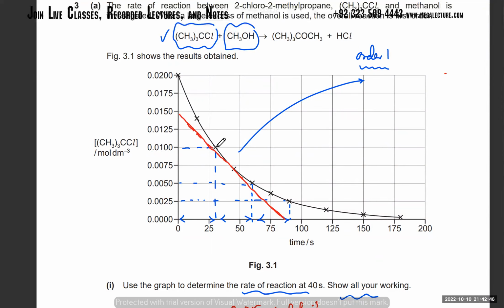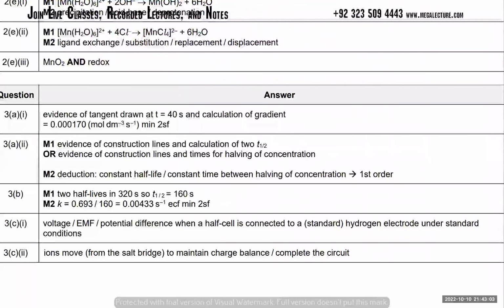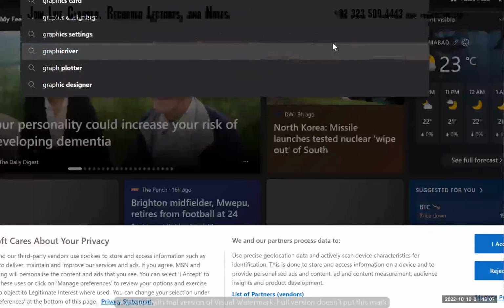This point will be double the previous one, so it's going to be somewhere over here. Every half-life is going to be double the previous half-life. It's going to look like this. Let me just show you. Graph of half-life, second order.